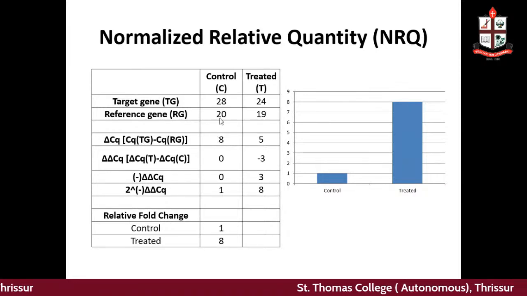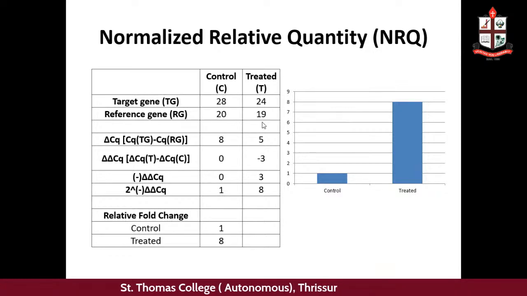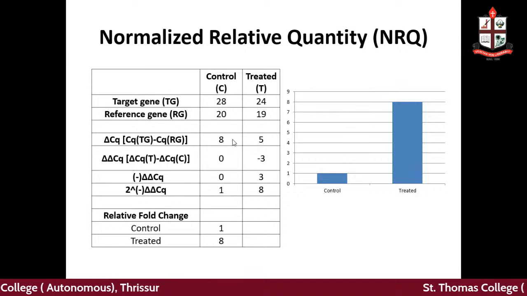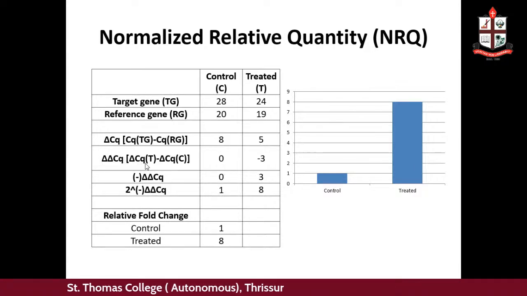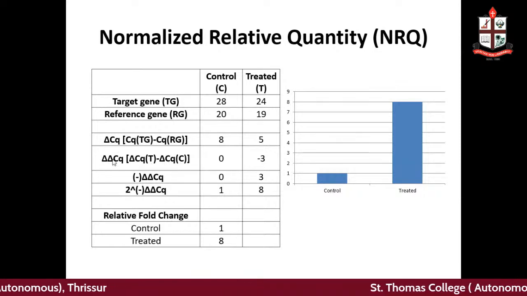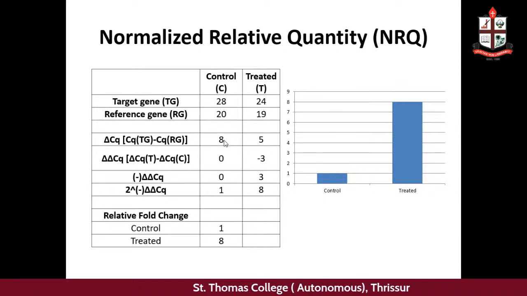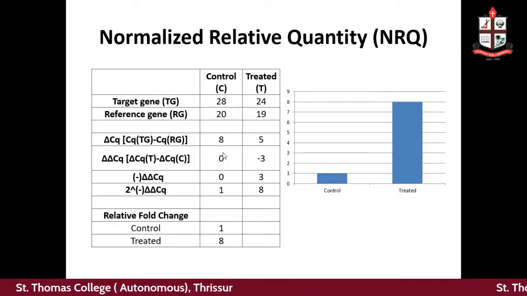So in control it will be 28 minus 20, that is 8, and in treated it will be 24 minus 19, that is 5. So these are the normalized values. So your target gene values are normalized with the reference gene. Now we will calculate the delta delta CQ, that is delta CQ treated minus delta CQ control. So this is the relative value in the treated compared to control. So that's delta CQ treated minus control, that is 5 minus 8.